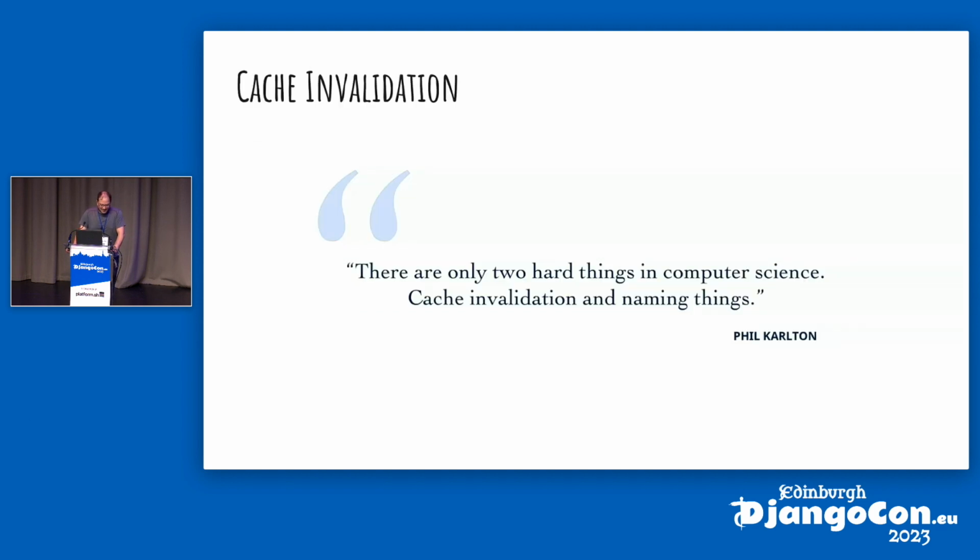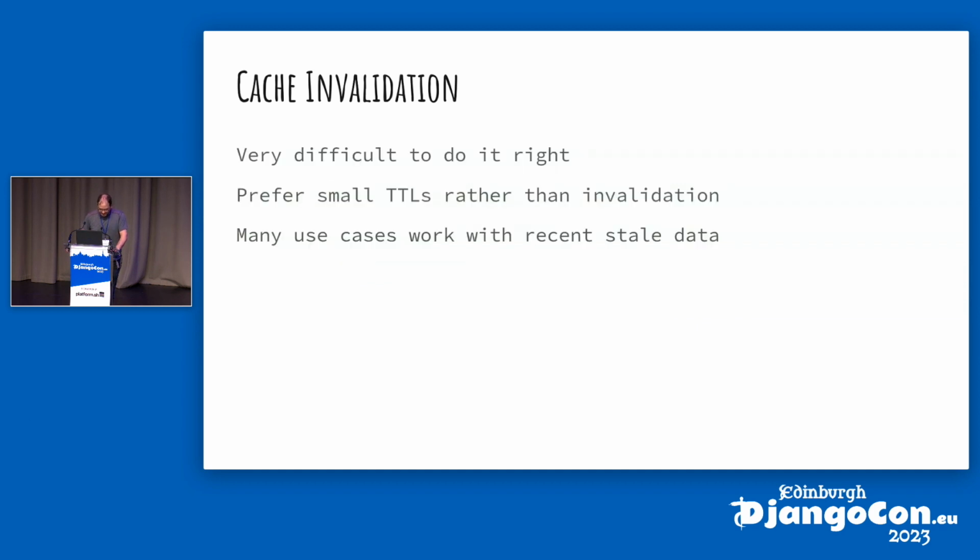There are only two hard things in computer science: cache invalidation and naming things. I talk only about cache invalidation. It's very difficult to do it right. In most cases, cache invalidation doesn't matter that much.